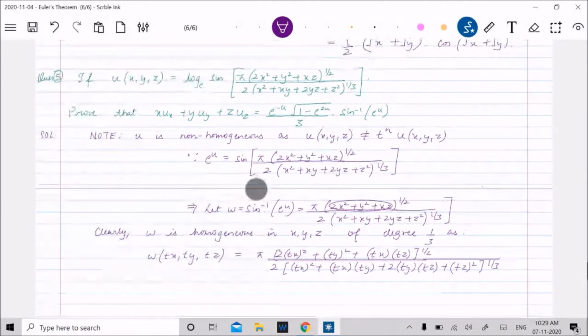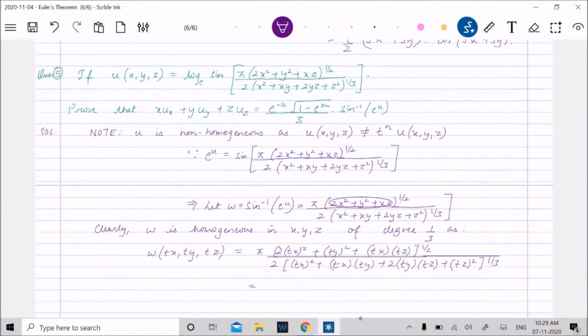Okay, now see, it will be pi by 2. You can see that t square can be taken common throughout this numerator, right? But half is sitting here. T square to the power half will be t only, right? And in the denominator, you can see that t square can be taken common, and then 1 by 3 is in the exponent, so eventually that will be t to the power 2 by 3, right?